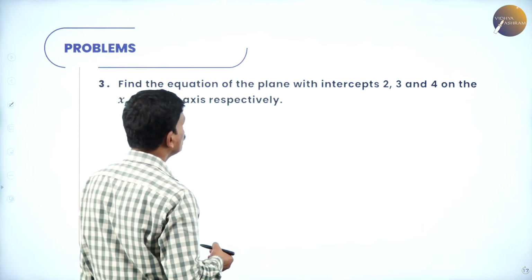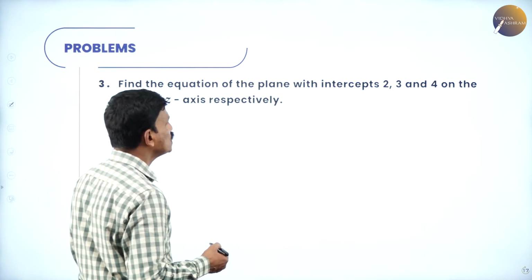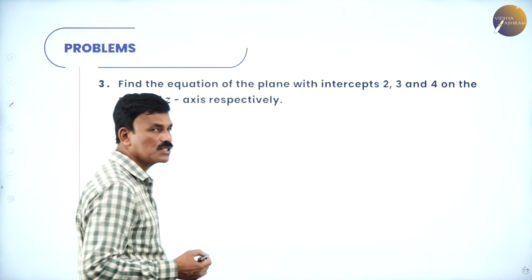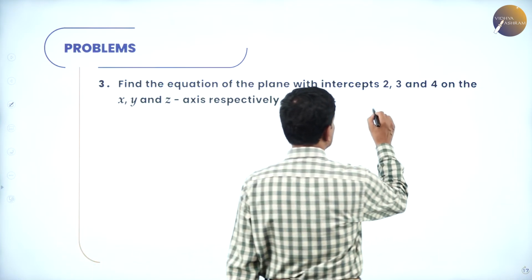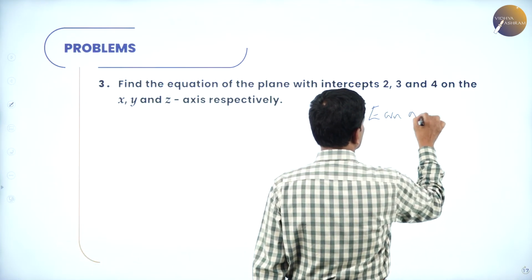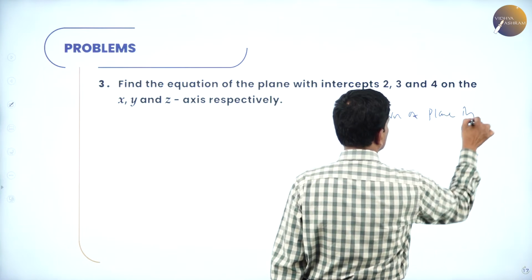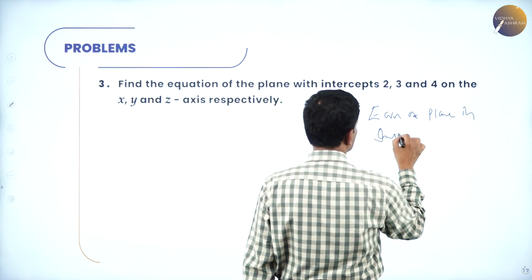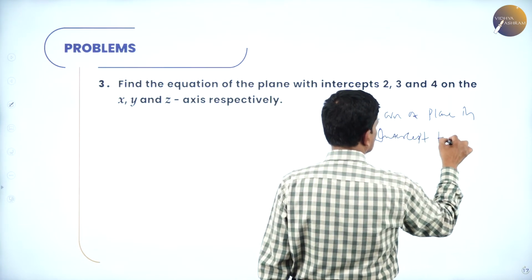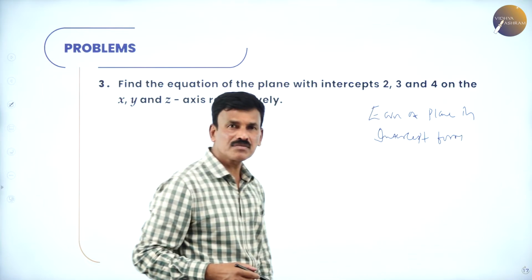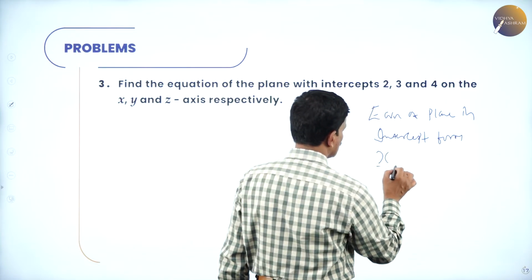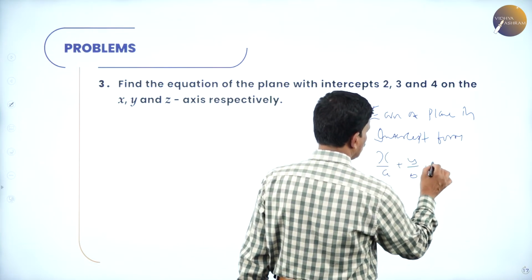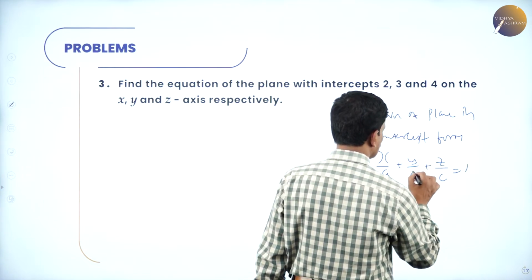Find the equation of the plane with intercepts 2, 3 and 4 on the x, y and z axis. Now, we know the equation of the plane in the intercept form is x by a plus y by b plus z by c is equal to 1.